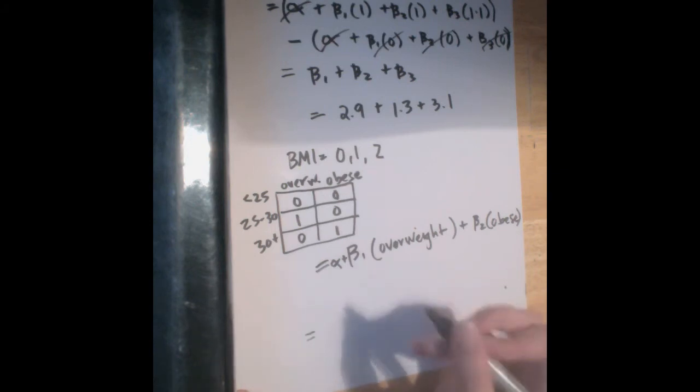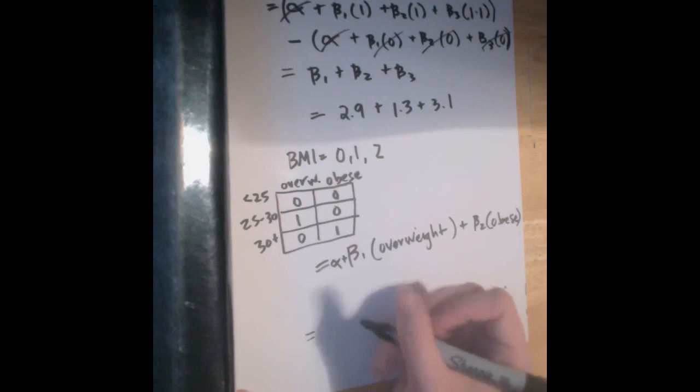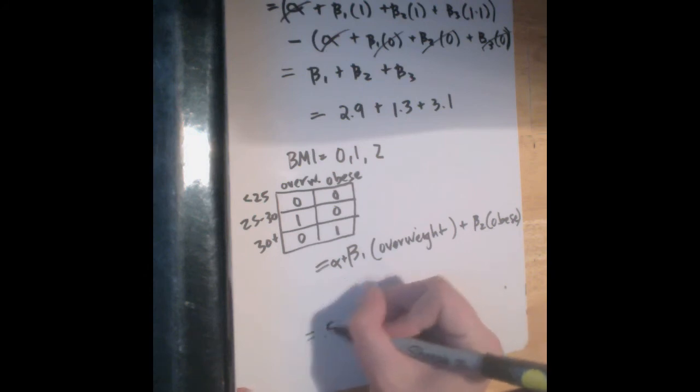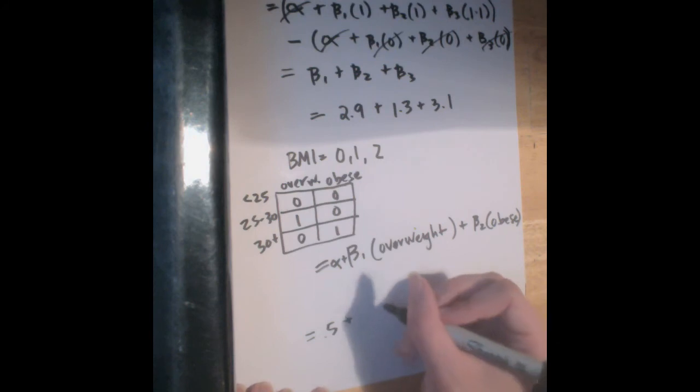I'm going to make some stuff up here, but we're going to have our constant term, so we'll just keep that as 0.5. And then you're going to have a coefficient in front of all of your variables, which is what we're trying to get Stata to give us.